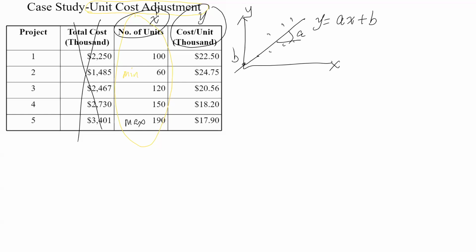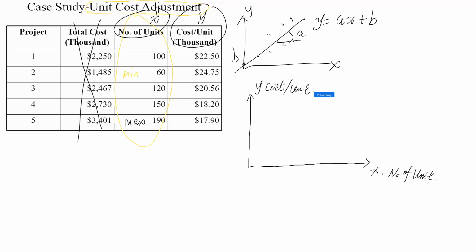So if we have a plot over here, this is your X, this is your number of units. And this is Y, your cost per unit. So the reason I want you guys to find the minimum number of units and the maximum number of units is because you need it. You need to define the maximum. Here you have 190, right?